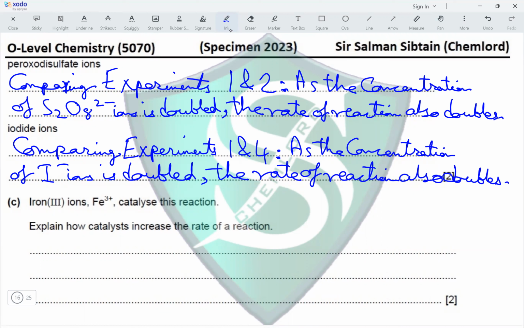So we have concluded our analysis of the effect on the rate of the iodide ions as well.